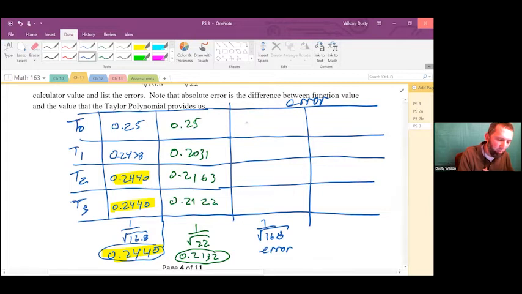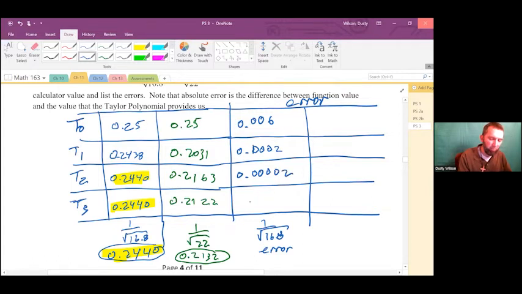So my error would be 0.006. And then if I did this at 0.2438, my error would be 0.000175, or I think I'll just go with 2. And then if I did this at 0.2440, my error is going to be 0.00002.